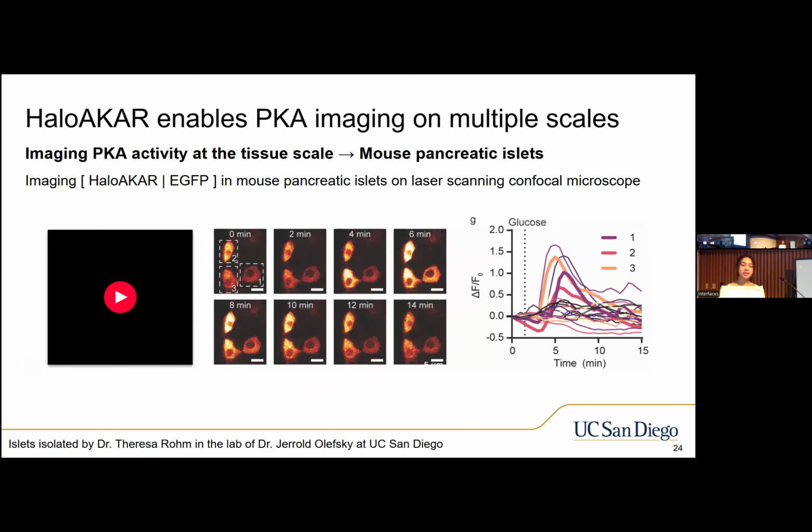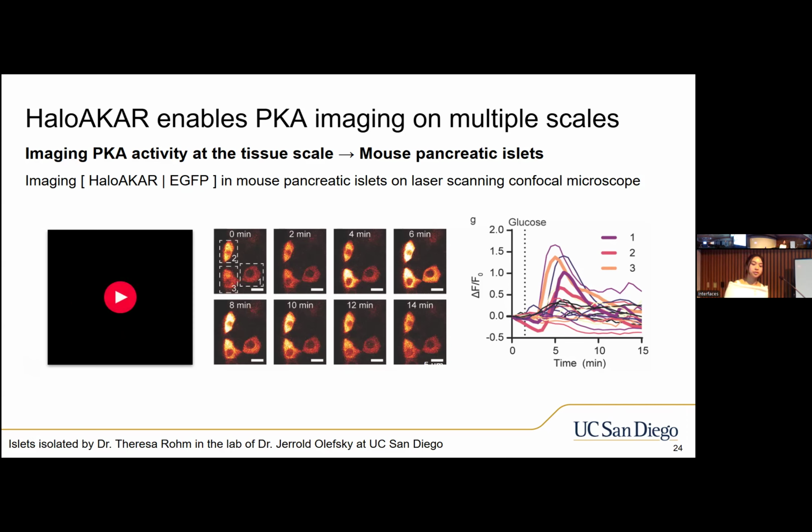That being said, we still wanted to push the capabilities of our sensor and image PKA activity on the tissue scale in isolated mouse pancreatic islets. So we imaged glucose-starved islets expressing halo-ACAR, and then adding glucose resulted in changes in fluctuations in PKA activity.